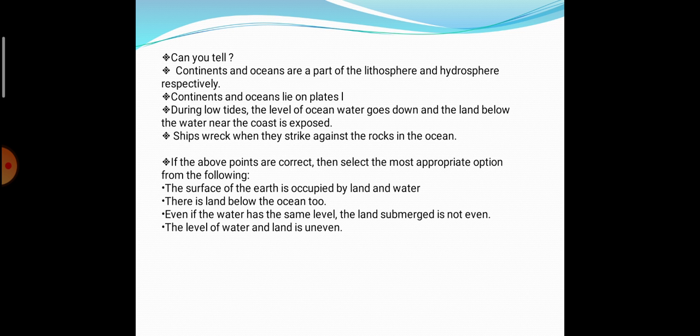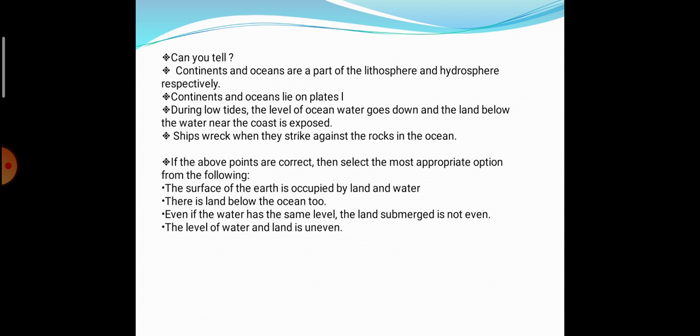Now, these are the 4 points. Based on these, we have to select 1 point from the next set. So, let's first clarify these 4 points. First, continents and oceans are a part of lithosphere and hydrosphere. As we know, 1/3 of the planet Earth is occupied by land, and 2/3 of the Earth's surface is covered with water.